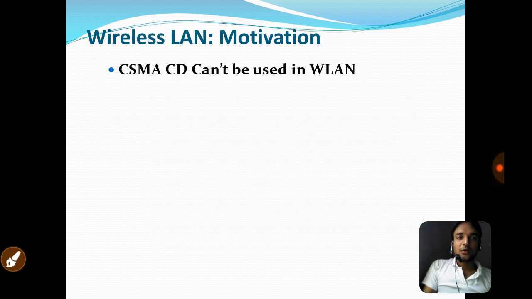Okay, now one important point is that CSMA/CD can be used in WLANs. So what is CSMA/CD? See, CD stands for collision detection. CSMA/CD is used where, suppose there is a wire, and from that single wire, 4 computers are connected.